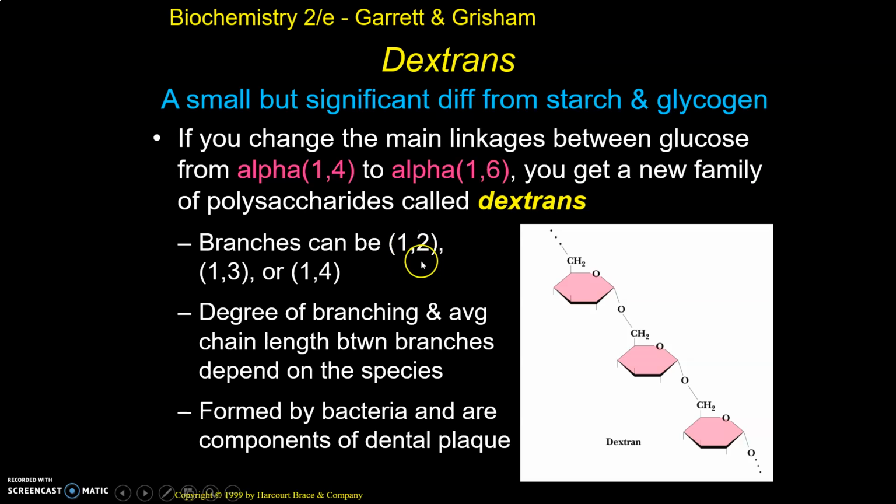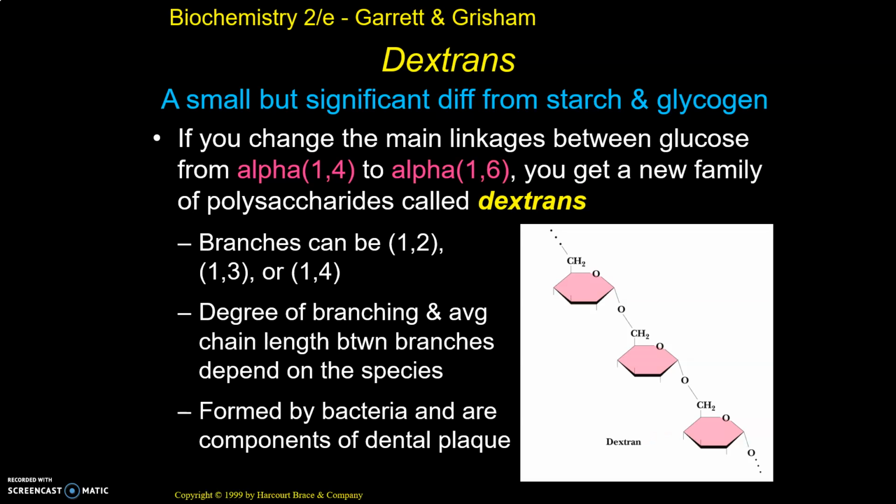It can branch at the 2 position, 3 position, 4 position. It can basically do whatever it wants. It's formed by bacteria, and some places you could find it are in dental plaque. So this is the category of the kind of randoms, the ones that don't fit the major categories that we previously talked about, right?